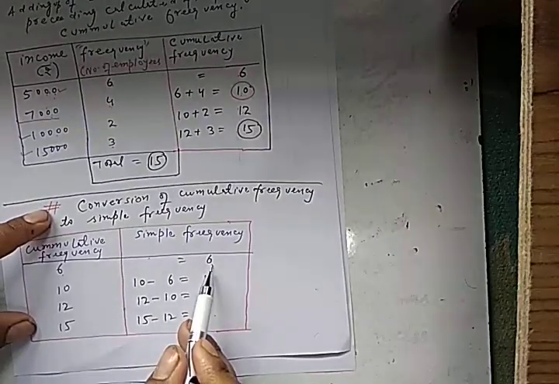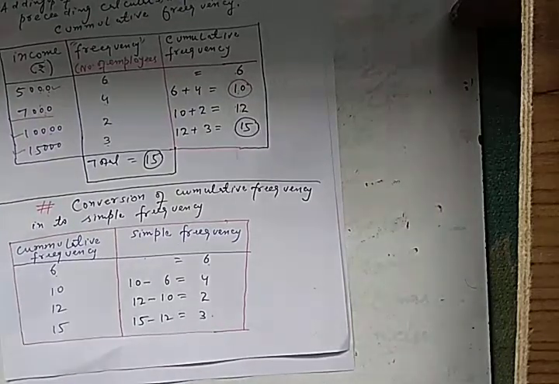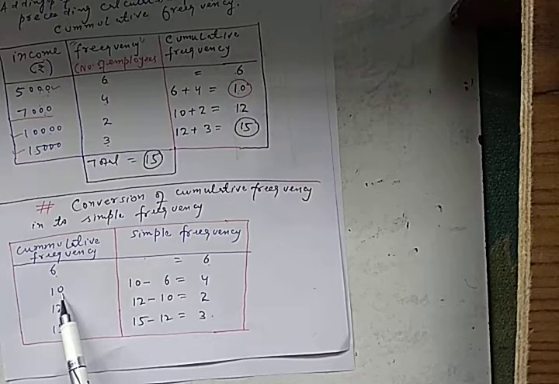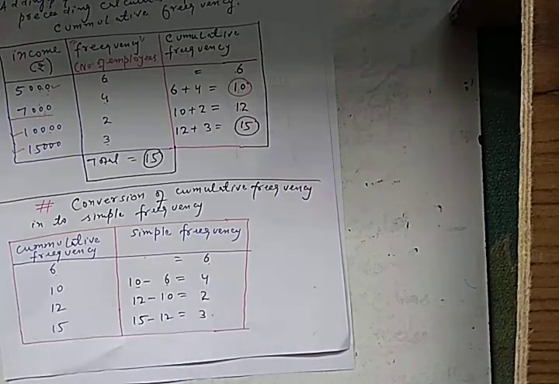In this case the first cumulative frequency will remain the same, and from the next, that is the succeeding cumulative frequency, we have to subtract the preceding cumulative frequency. Here the succeeding cumulative frequency is 10, and the preceding cumulative frequency is 6, it will be equal to 4.